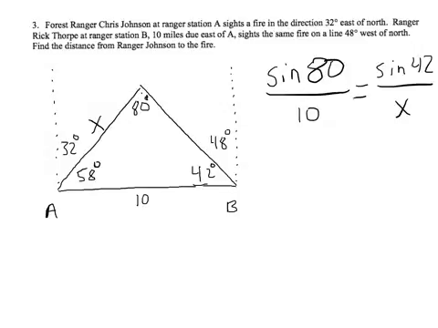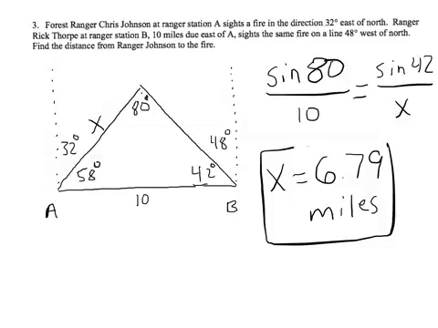Cross multiply and divide, and I get 6.79. It's an application question, so I want to label it. It's going to be in miles. Done.